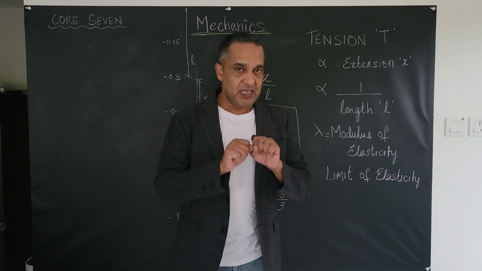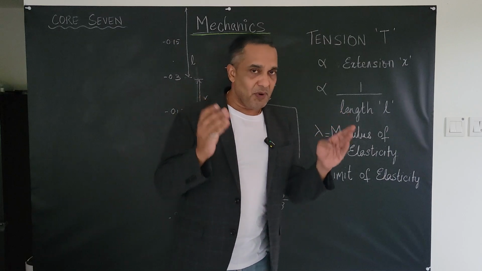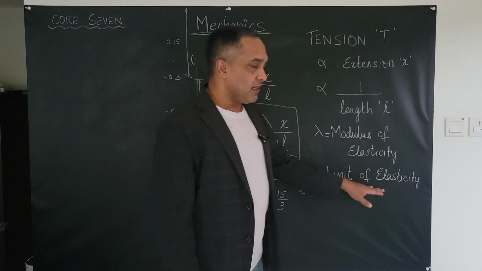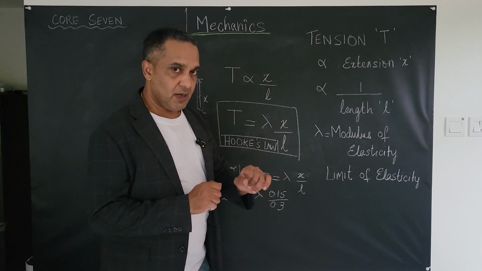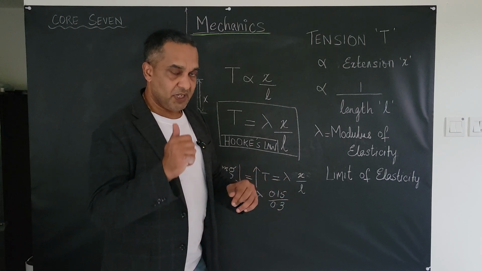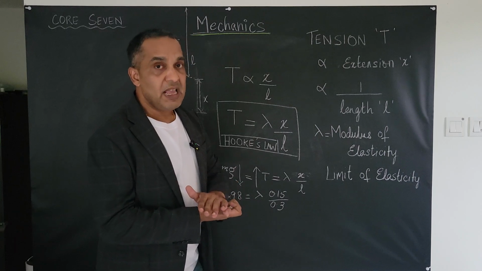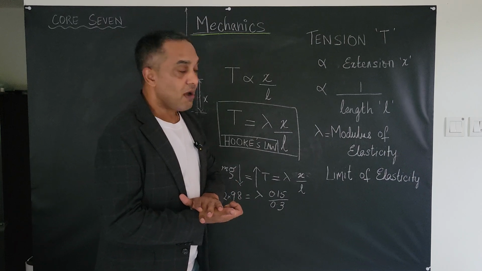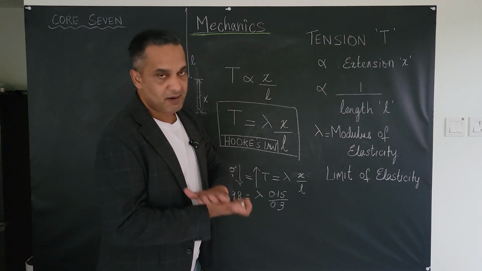Just like how a normal string, if you gave it a very heavy load, would snap at some point. The limit of elasticity is where an elastic string would snap, or a spring would seize. There would be no further effect of compression on it. It may not break if compressed, it might just get compressed and just stay there.